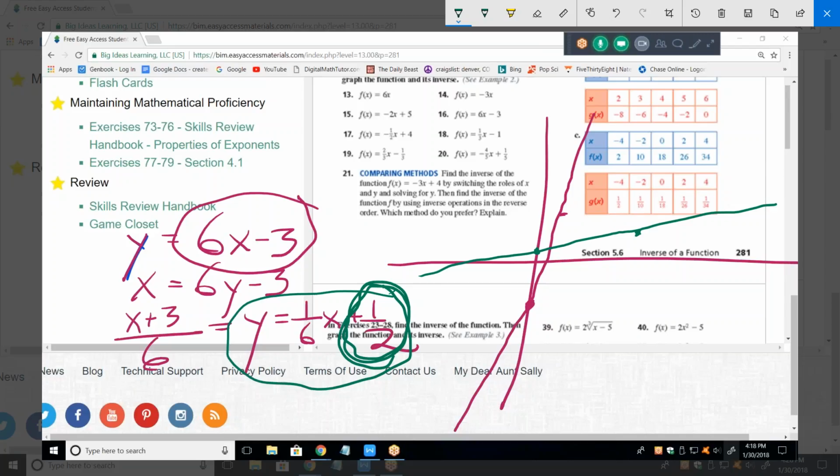And you can kind of see that that definitely is a reflection, right? In other words, if I draw that line y equal x, the green and the red are definitely reflections of one another about that line. But still, it was easier to graph just as two different equations.